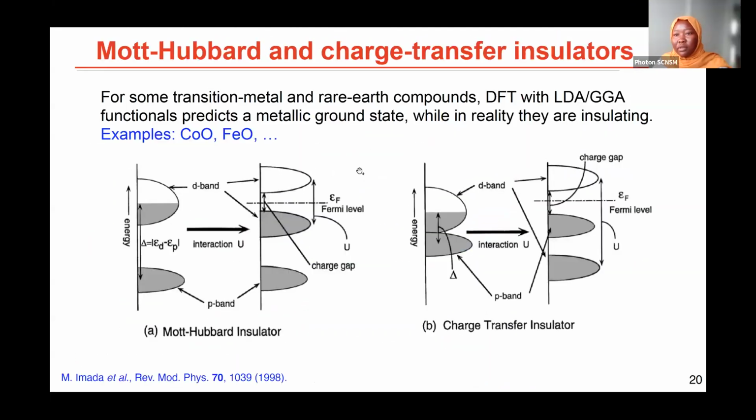There is also Nihad. She's raising her hand. Yes, please, Nihad, you can ask. Hello. Can the same material change or transfer from Mott-Hubbard to charge transfer insulator? Thank you. It's an interesting question. I never thought about this.